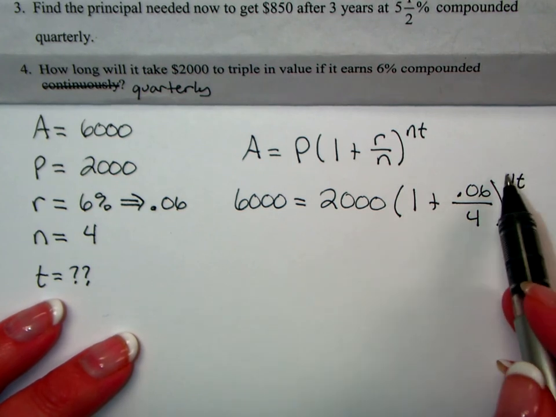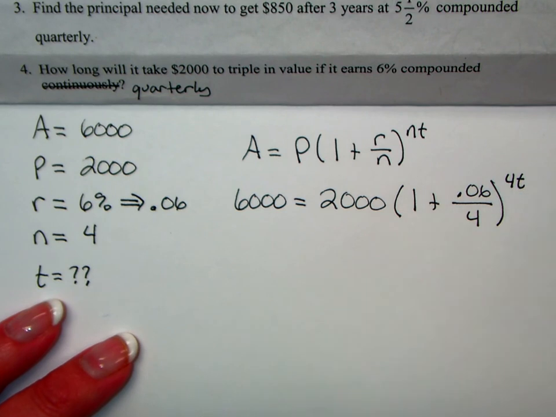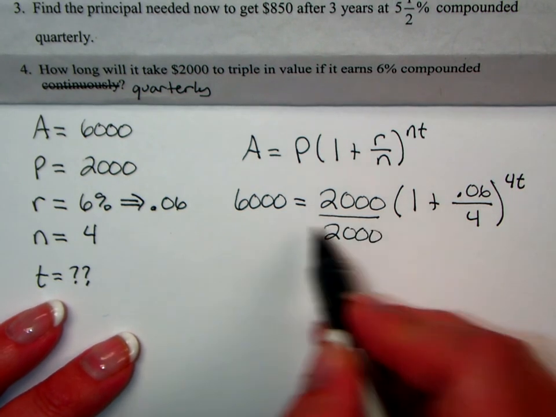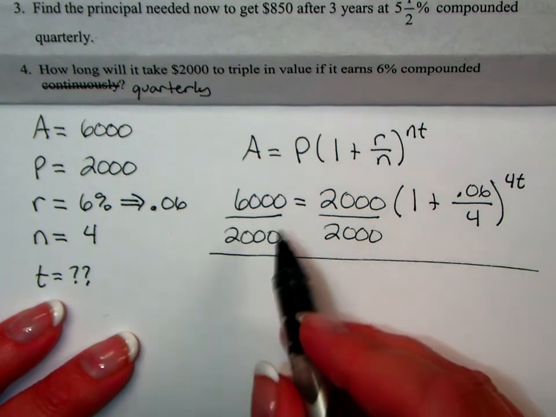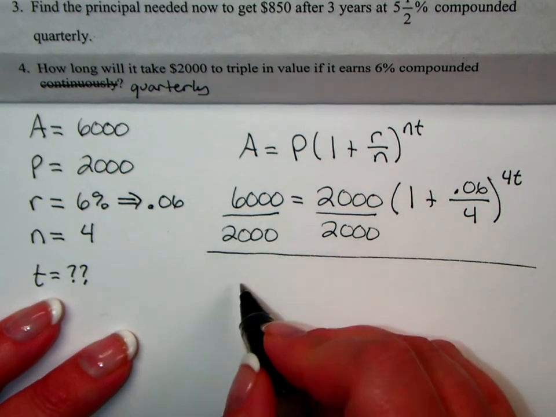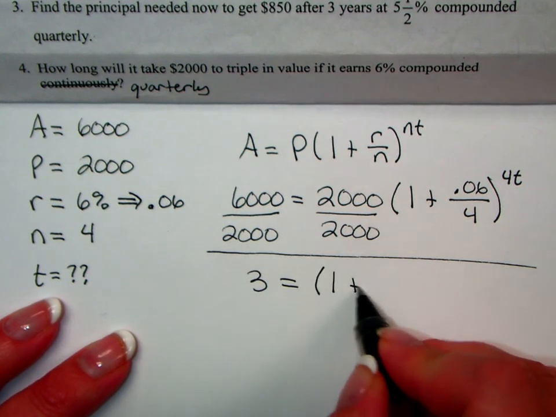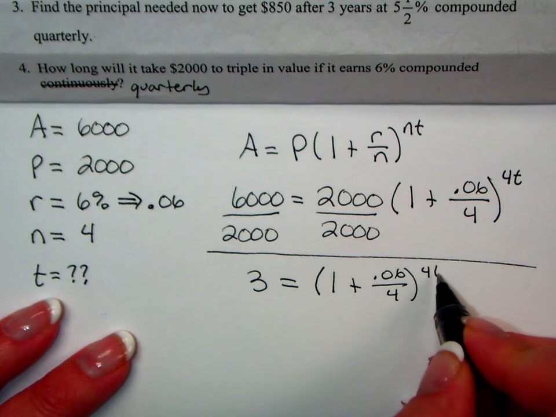The exponent here makes this a true exponential function, because we have a variable in the power. The first thing I want to do is divide by 2,000 to get that parentheses by itself. So 6,000 divided by 2,000 is 3, and then I have 1 plus 0.06 divided by 4 raised to the 4t.